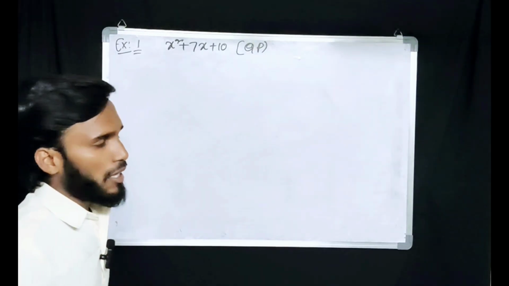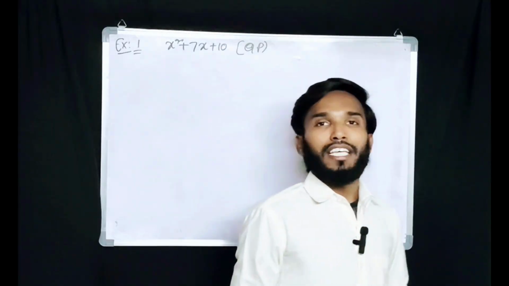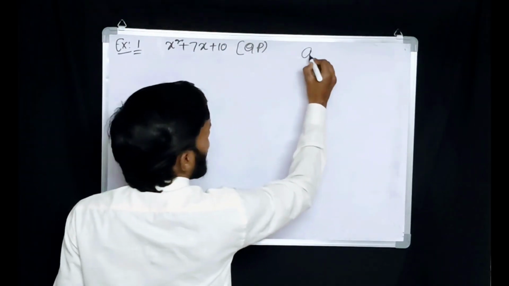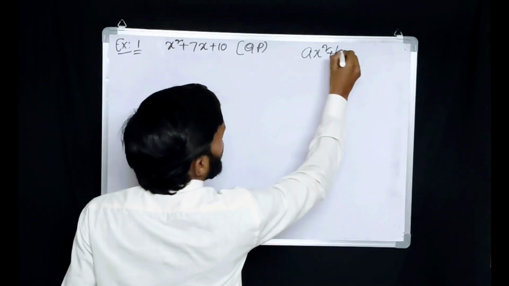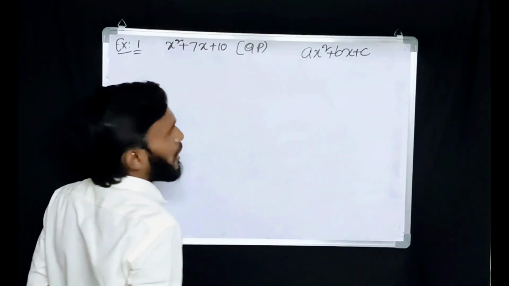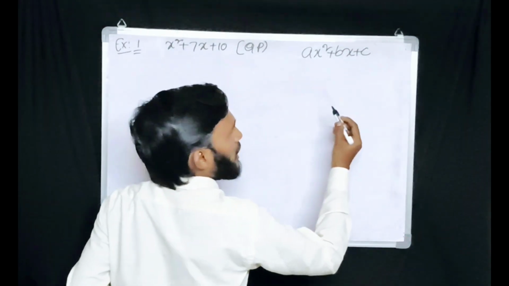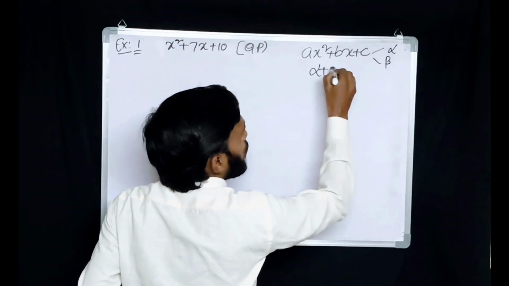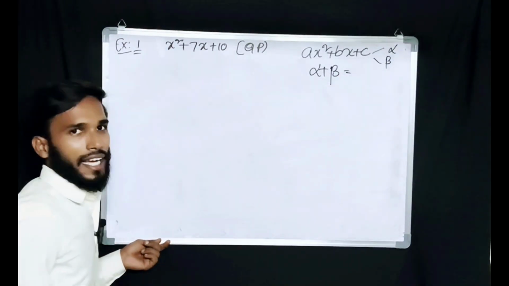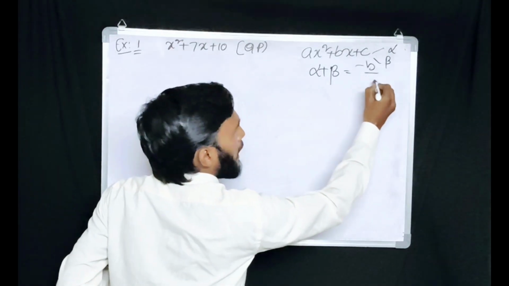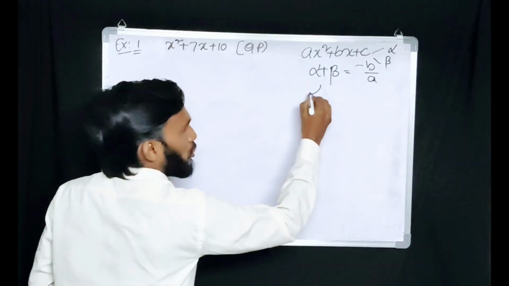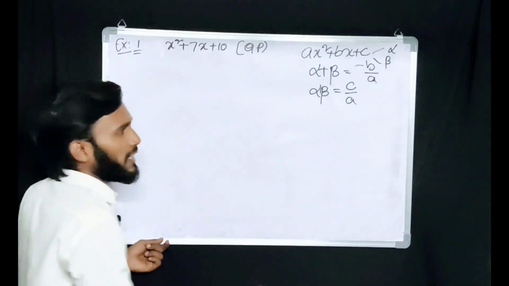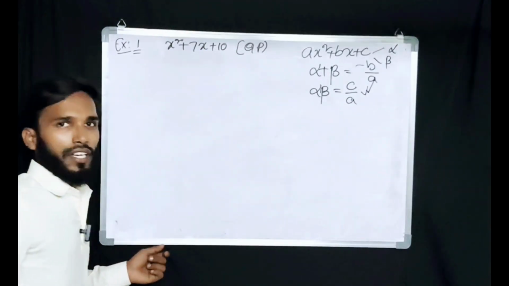As I said in the previous video, if ax square plus bx plus c is a quadratic polynomial with zeros alpha and beta, then the sum of zeros alpha plus beta is equal to minus b by a, and the product of zeros alpha beta is equal to c by a. This is what we discussed in the previous video.